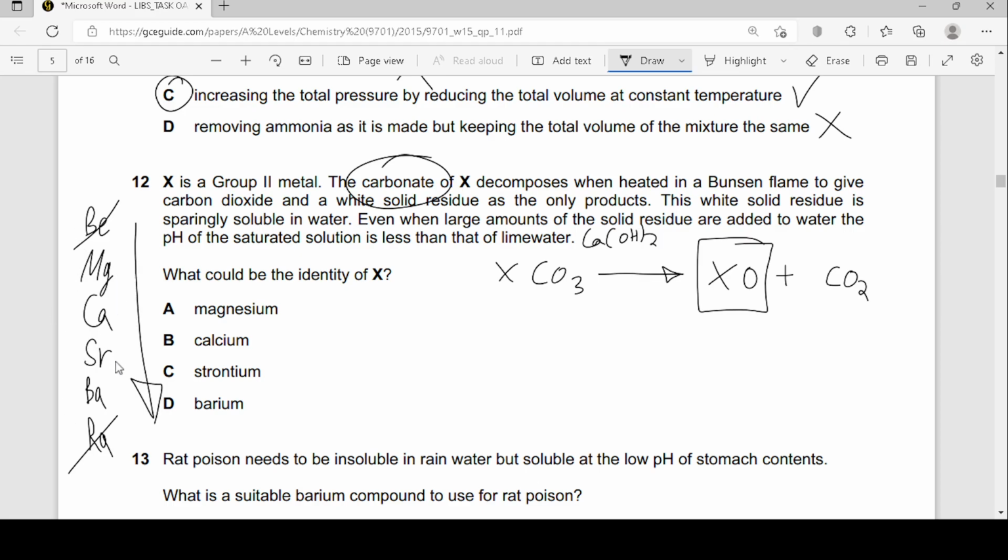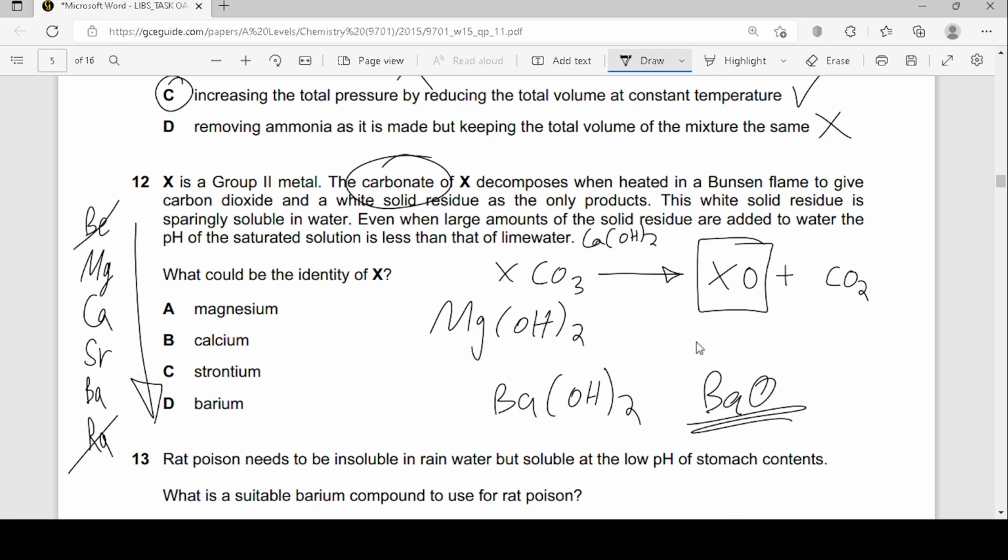If you compare magnesium, calcium, strontium and barium, then magnesium hydroxide has the least solubility in water, whereas barium hydroxide is the most soluble in water. So BaO would be the one that most readily dissolves in water.